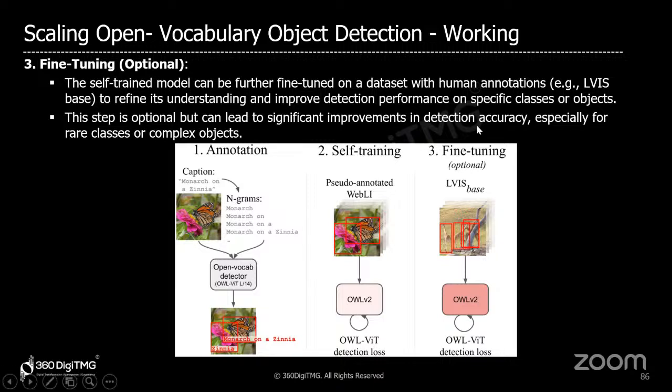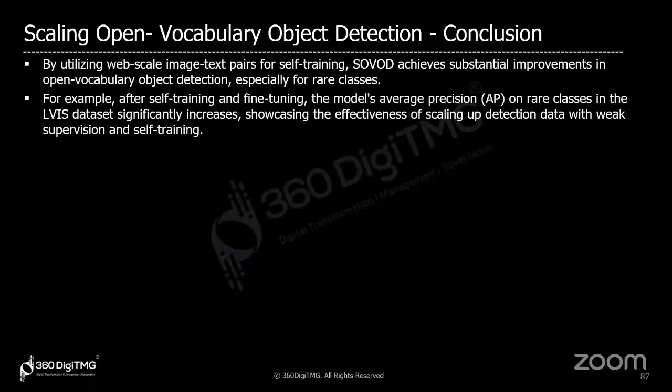So this is a pseudo annotation, and in the fine-tuning we are doing manual, human annotation. This step is optional, but it can lead to significant improvement in detection accuracy. After that, what is the output? By utilizing web-scale image-text pairs for self-training, we can get substantial improvements in the open vocabulary object detection task.